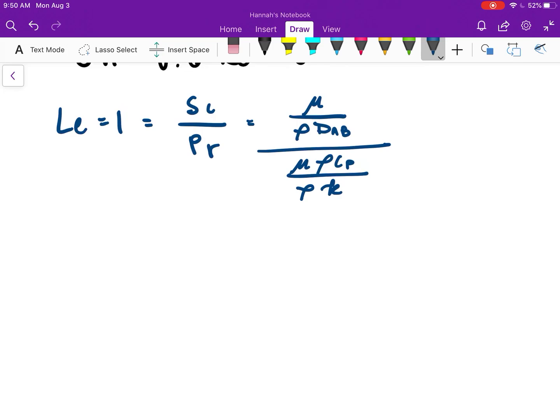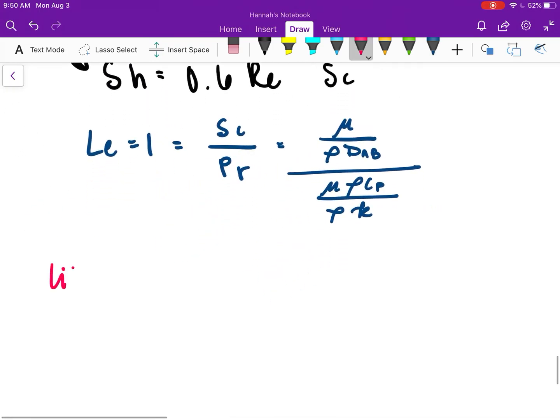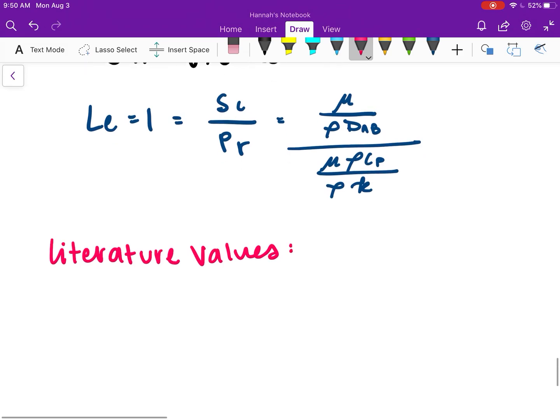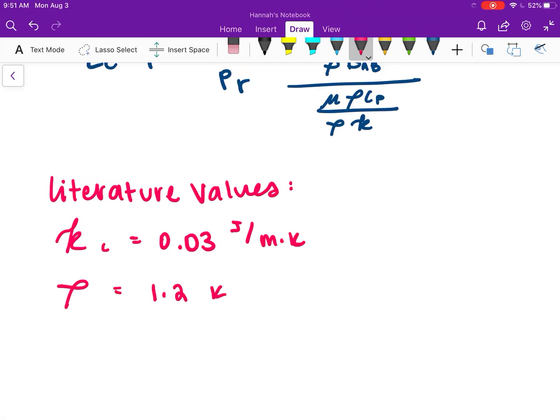Now we have some literature values that we can plug into this. We've got the mass transfer coefficient of air being equal to 0.03 joules per meter Kelvin. We've got the density of air being 1.2 kilograms per meter cubed.